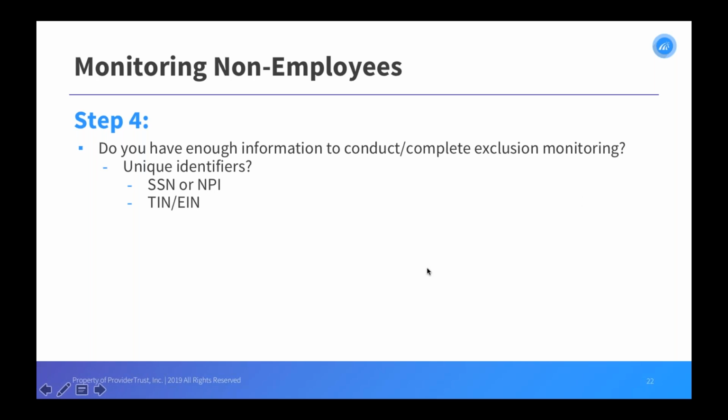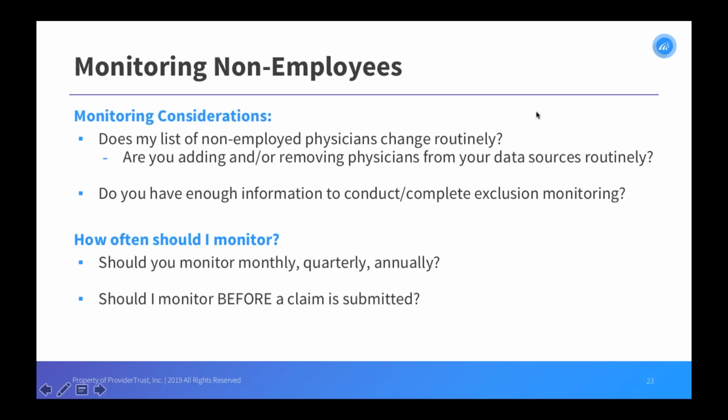So then what's next? How do we begin? What are the considerations that we need to take to look at these non-employees? If I'm trying to think about how I'm going to start monitoring them, I would ask myself, does this list change routinely?